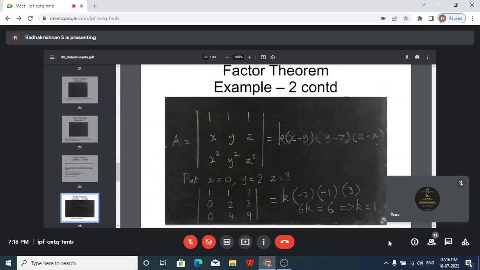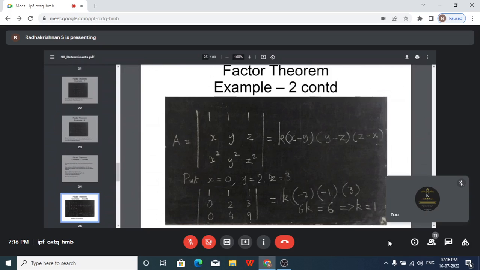We can choose some values for x, y, z at random, some simple values that will be easy for us, and substitute. So we will get one value on the LHS and one value on the RHS. Based on that, we can determine the value of k. So I'm choosing x equal to 0, y equal to 2, z equal to 3.